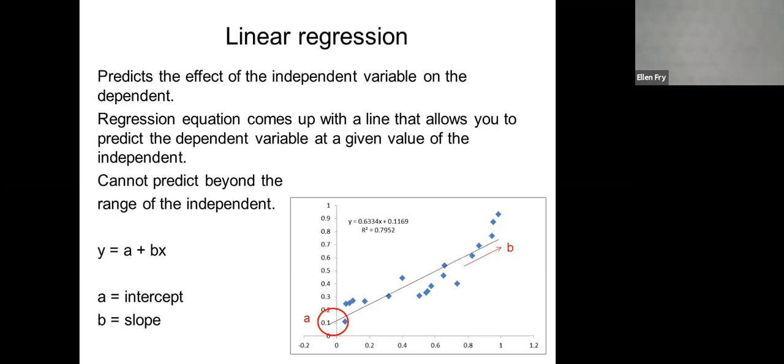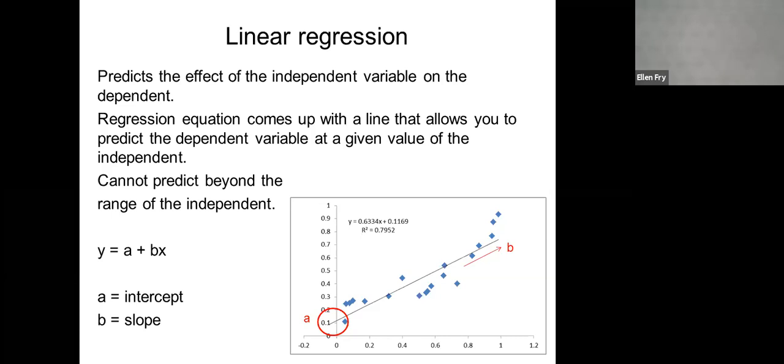So it would probably just give you a constant increase to 50 degrees, and we know that that can't possibly be true. So you must not try to extrapolate beyond the range of the independent variable. We are looking to predict the value of plant growth rate at a given temperature.